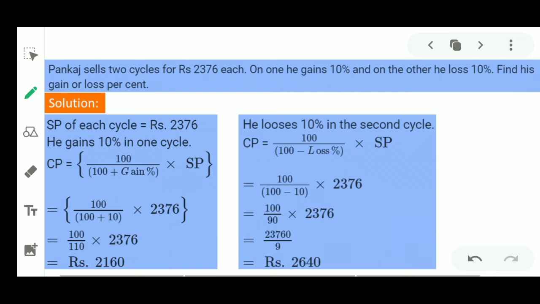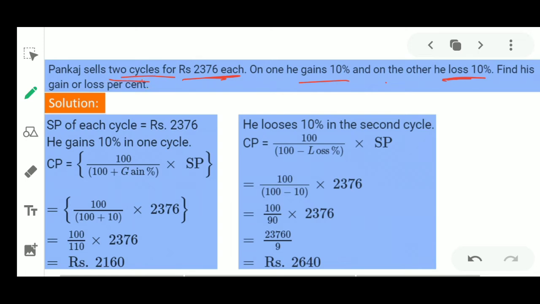Next example, Pankaj sells 2 cycles for rupees 2,376 each. On one he gains 10% and on the other he lost 10%. Find his gain or loss percent.